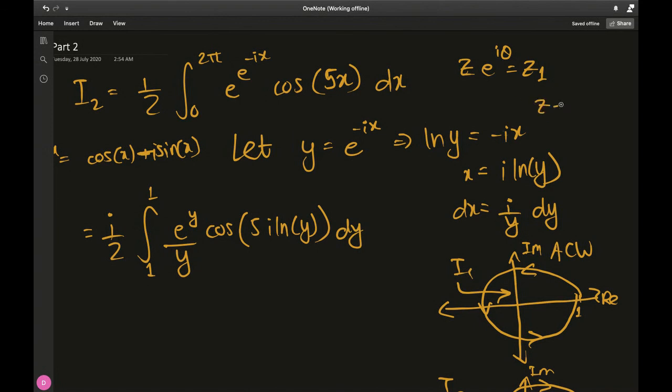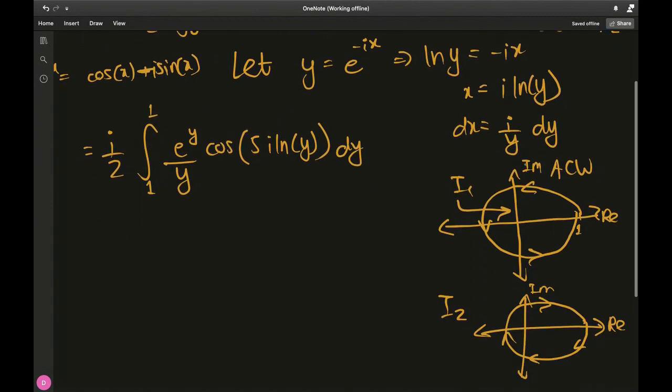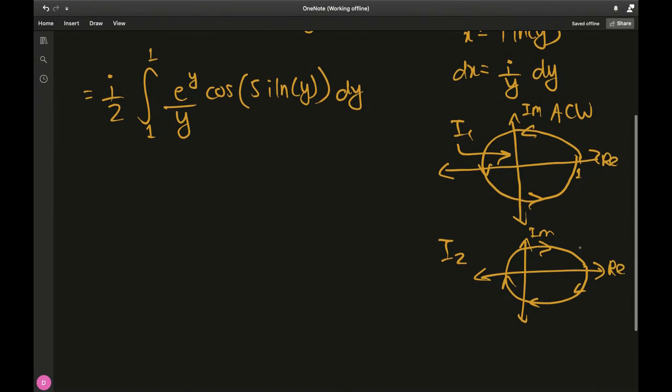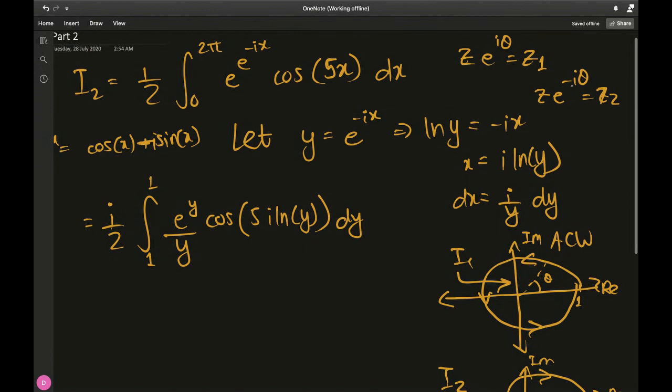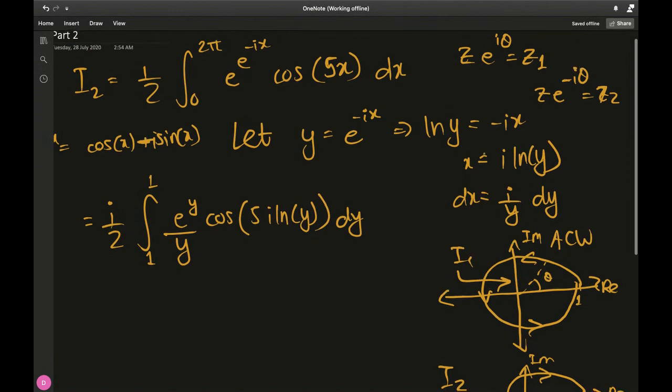But if you have z times e to the negative i theta equal to say z2, that means you're rotating z again by theta but in the clockwise direction, this way. So you're subtending negative angles over here. Here you subtend positive angles, here you subtend negative angles because of this negative i theta in the exponential.